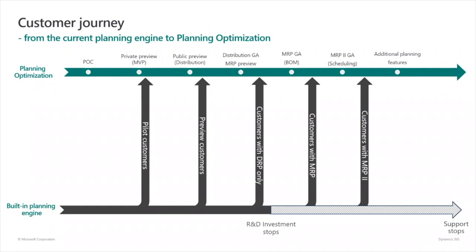Once the additional planning features are made available, it will keep on extending and improving. We'd like customers to follow and align to ensure that they are moving to the new service, and at some point we will deprecate the built-in planning engine.